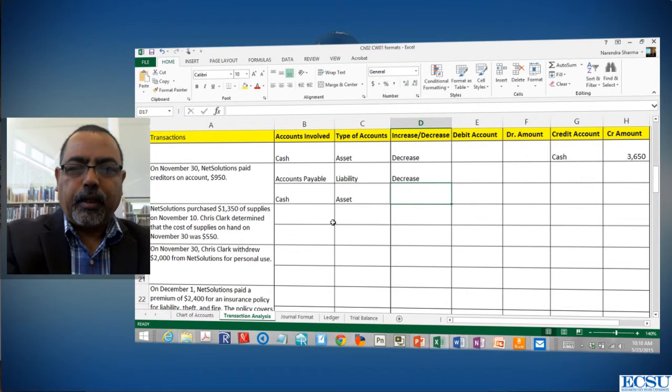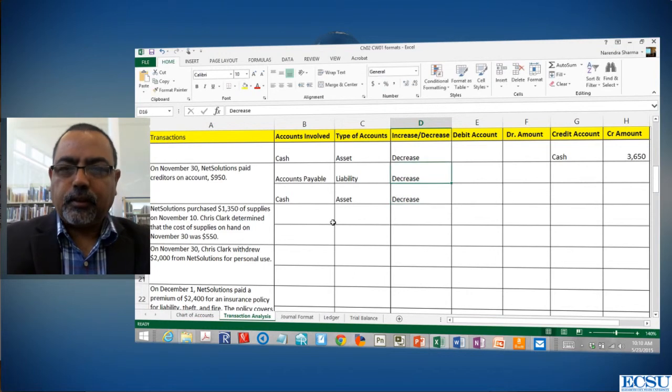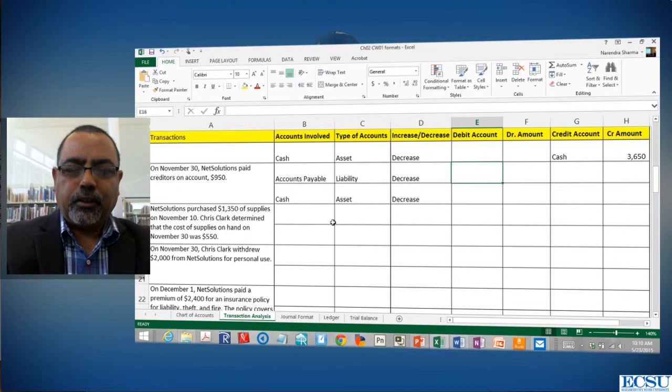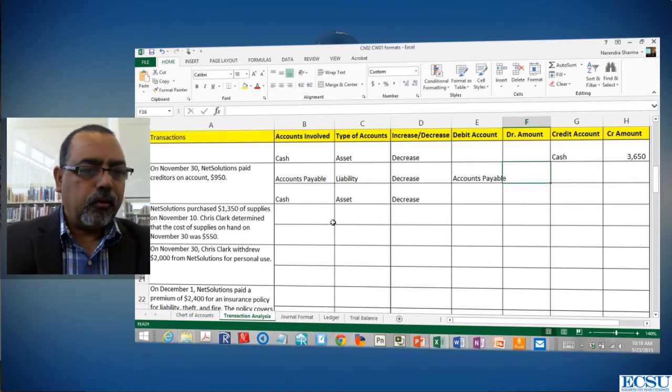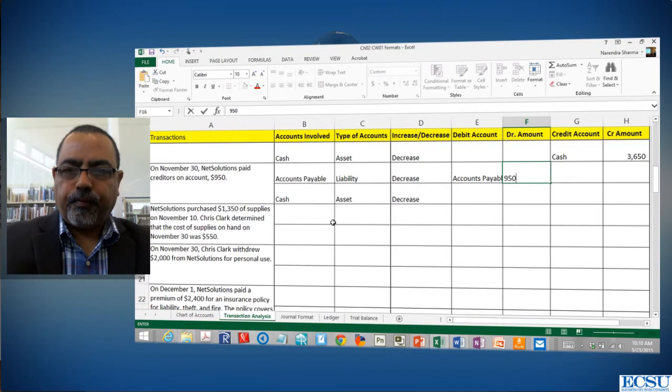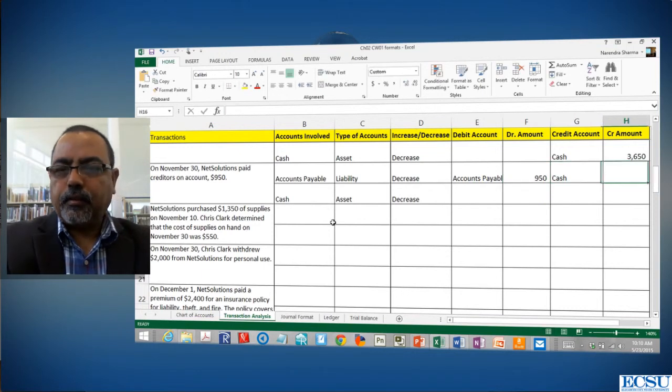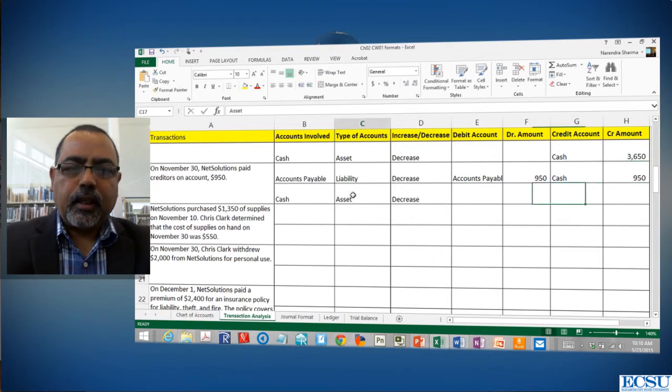Cash, if you pay, of course it will also decrease. So if there is a decrease in a liability, it needs to be debited. So that's why accounts payable will be debited with what amount? With 950. And cash would be credited with 950 as well, because cash is an asset and it is decreasing.